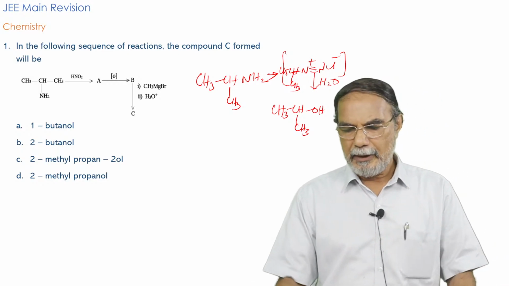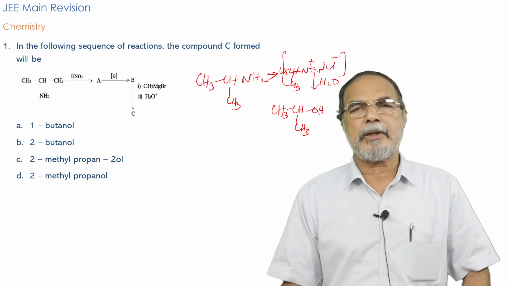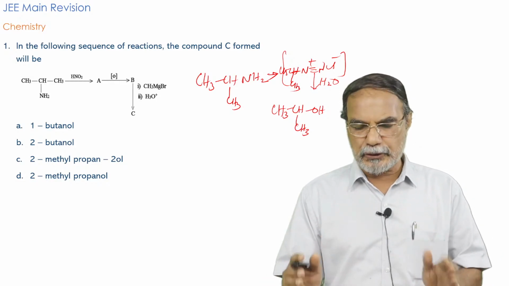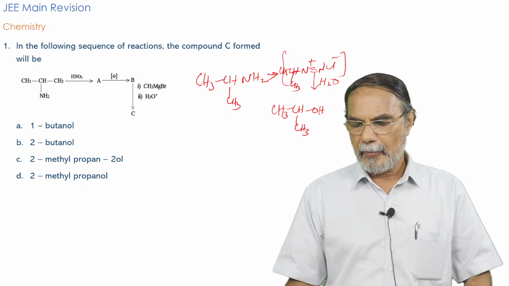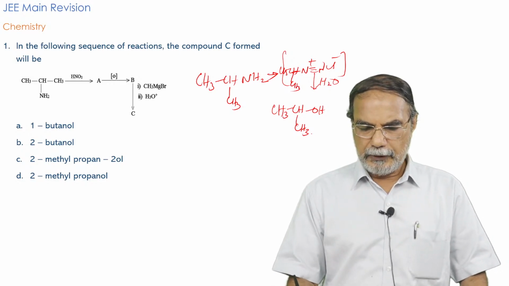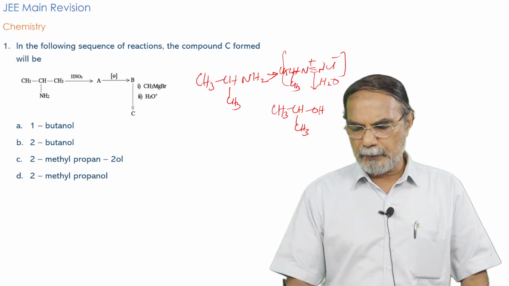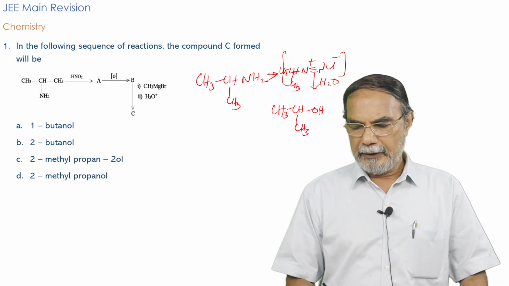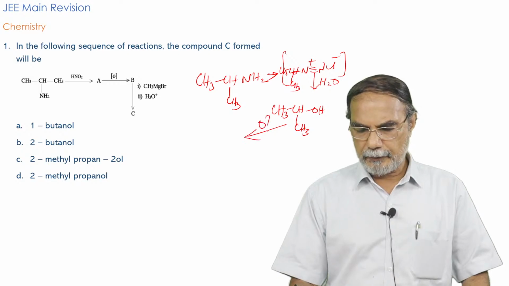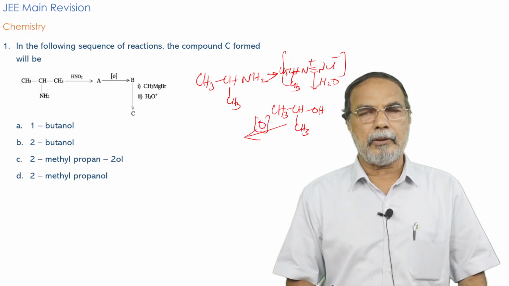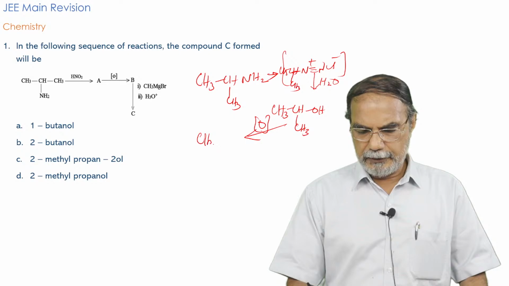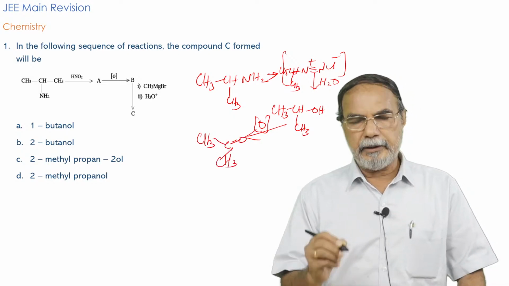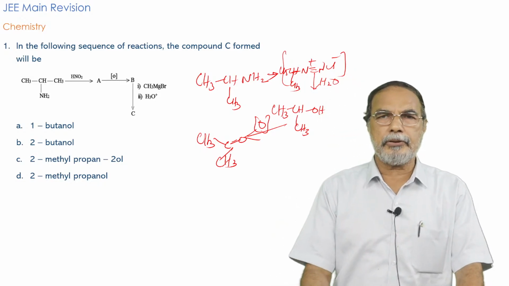But remember that it proceeds through the formation of the intermediate diazonium chloride, which is unstable. So you have the compound A, which is isopropyl alcohol, a secondary alcohol, and a secondary alcohol on oxidation, I hope all of you remember this reaction, gives a ketone.